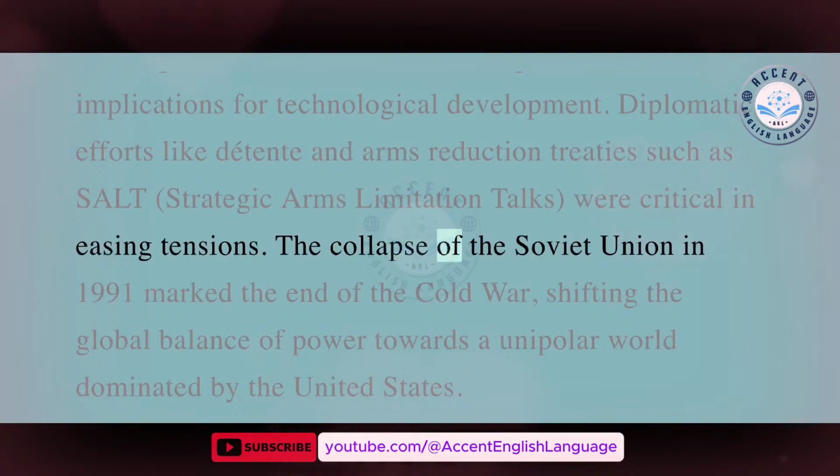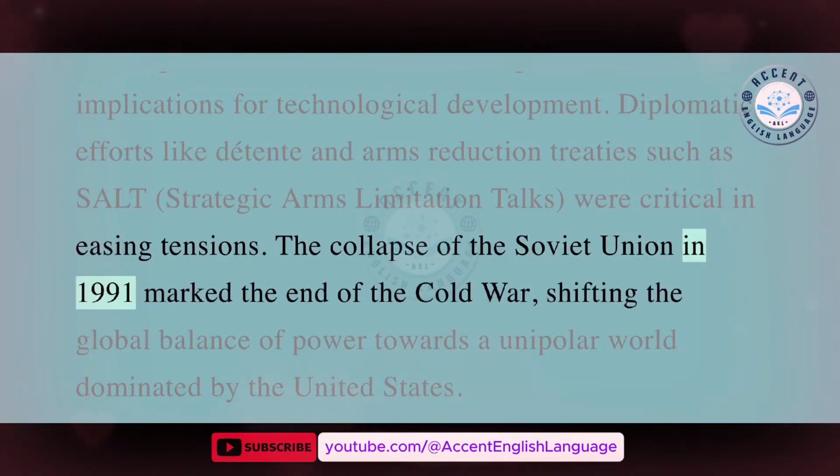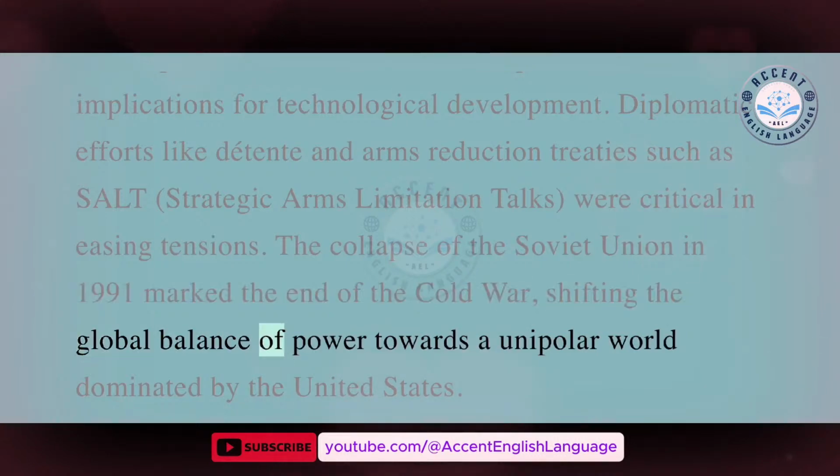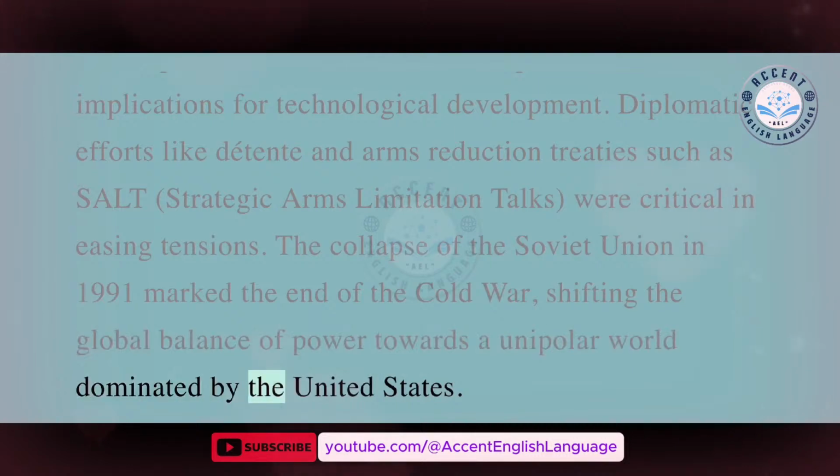The collapse of the Soviet Union in 1991 marked the end of the Cold War, shifting the global balance of power towards a unipolar world dominated by the United States.